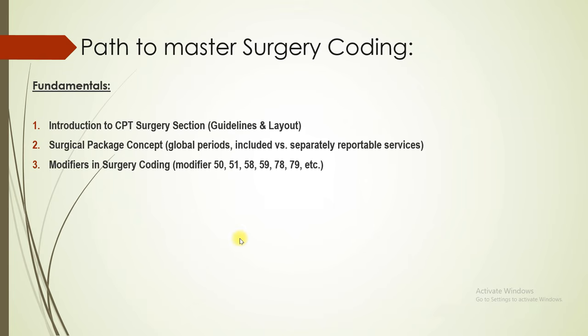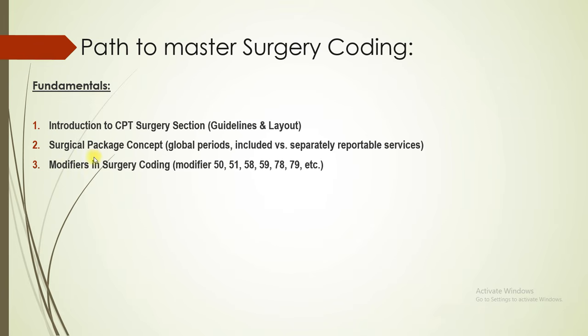Next, how to master surgery coding. Whenever you want to master any type of coding, we need to understand the CPT book or the ICD-10-CM book. If you master your CPT book, you will master your surgery coding, because most of the guidelines we need to use are from the CPT book only.